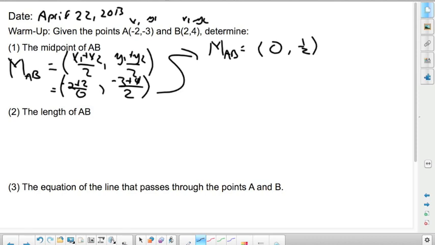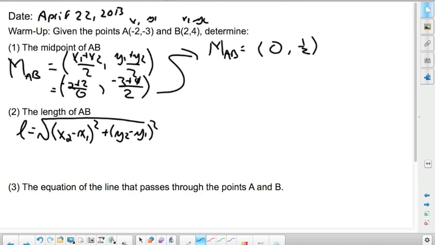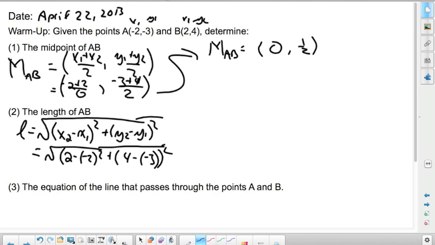For the length of AB, the length formula is L is equal to the square root of x2 minus x1 quantity squared plus y2 minus y1 quantity squared. Right, so it's your basic length formula. Start plugging in the numbers. So x2, 2 minus negative 2 quantity squared plus y2 is 4 minus negative 3 quantity squared.